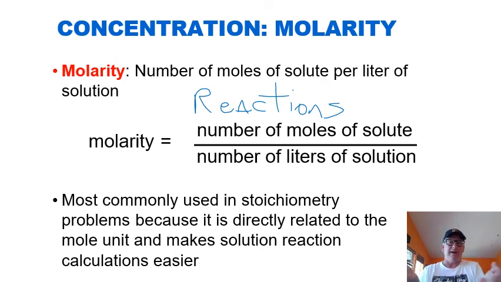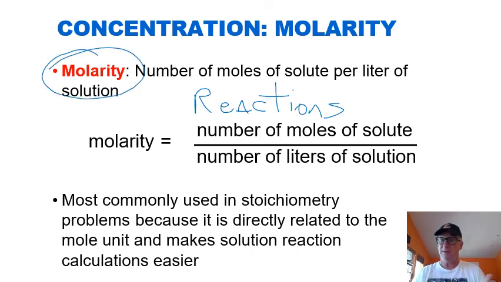If all we are interested in is a mass of solute, then we'll just use a percentage. But chemists are generally interested in a reaction that takes place between 2 solutions, so they need to know how many moles are involved, and that's why we use molarity more frequently than anything else.